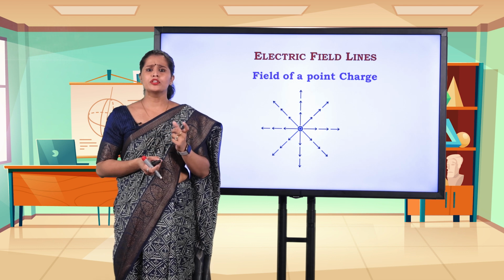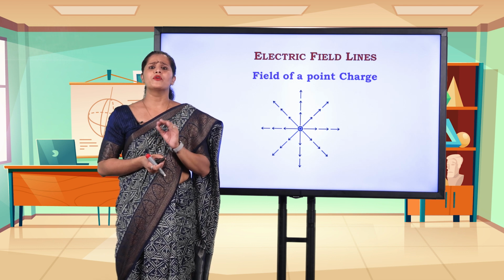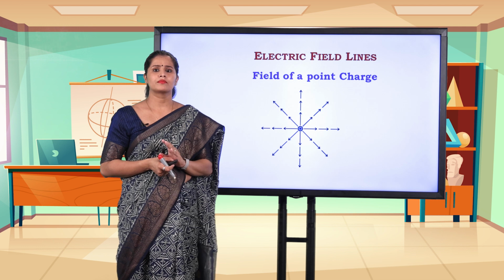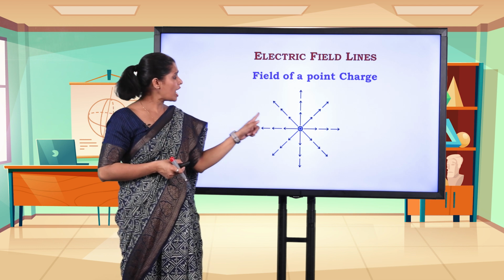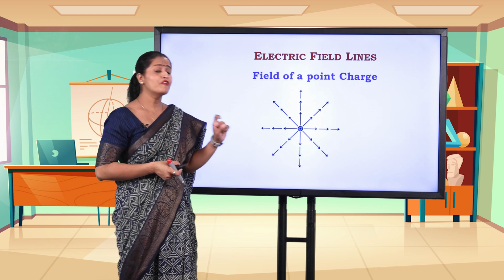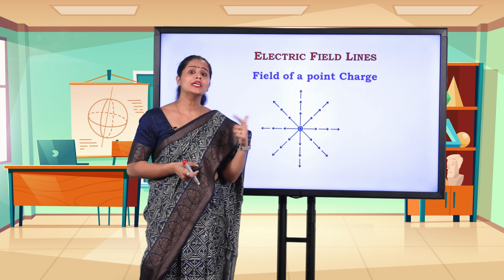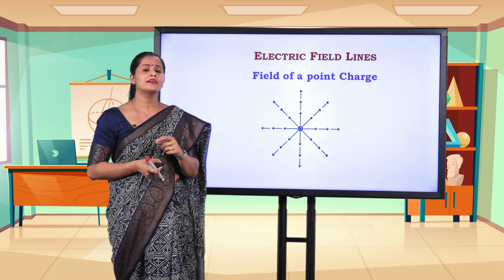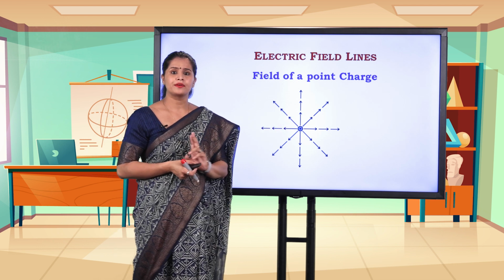One goes from the origin, always pointing radially outwards. In this figure, each arrow indicates the electric field, that is, force acting on a unit positive charge placed at the tail of that vector.